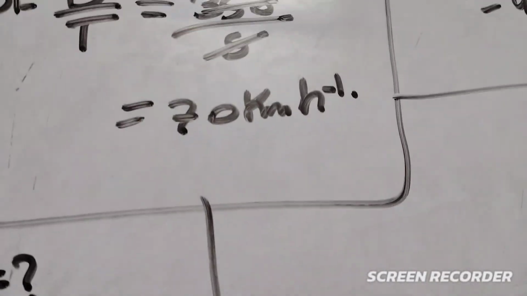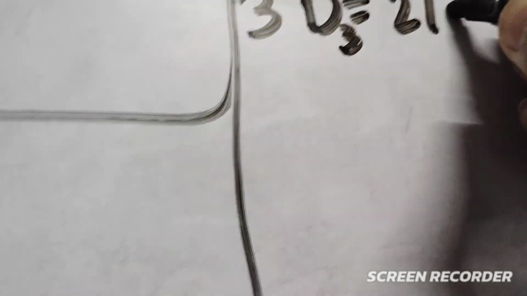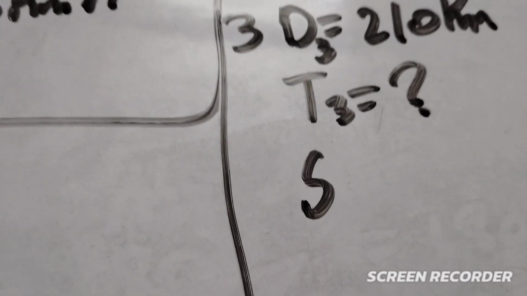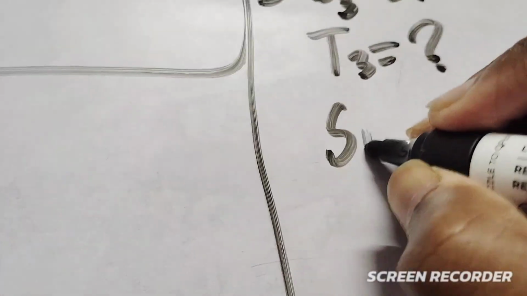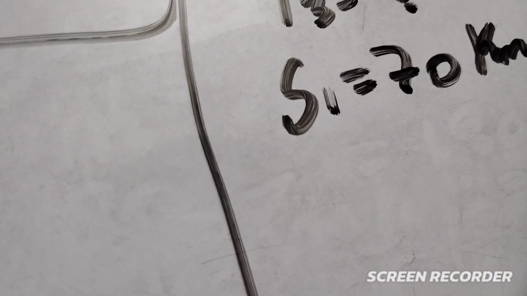Okay, the third part, the time taken by him to cover 210 kilometer. I think it's a new one. So distance 210 kilometer, time 3 not given, and the speed is 70 kilometer per hour. Now we will find, a new formula for finding out the time.